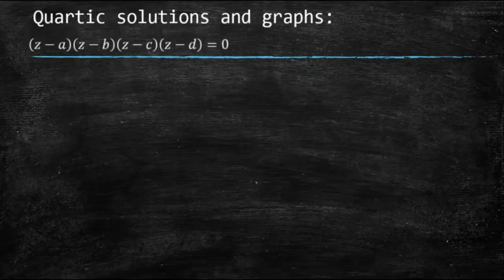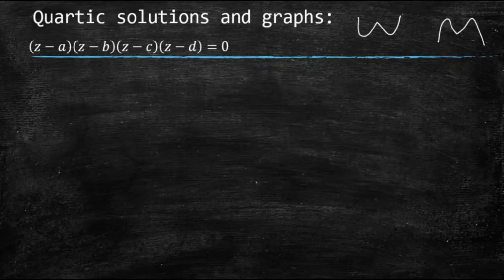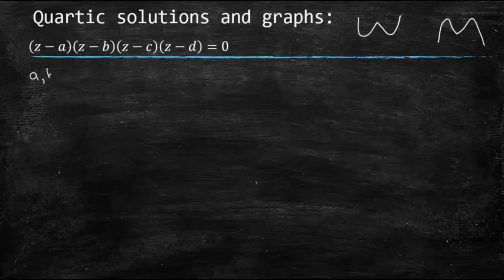The same thing applies for quartics, but quartics are more interesting because you have four roots, and a general quartic will look like this or like this, a W curve. So you can have possibilities: A, B, C, D all real, or you can see this as two quadratics, so the same thing applies.